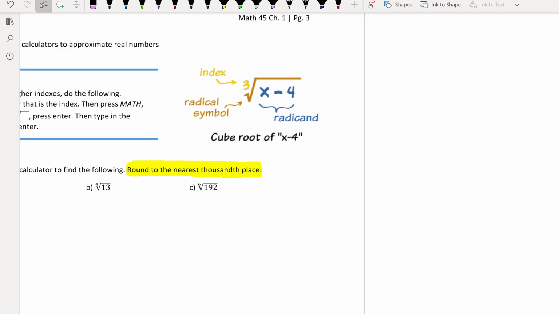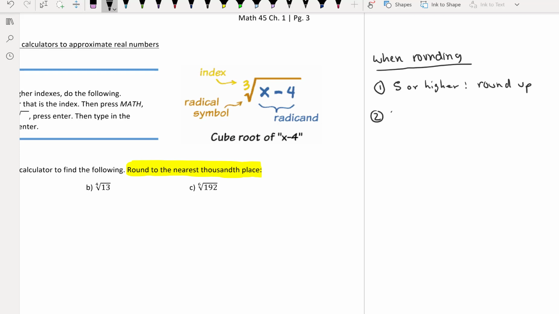So when rounding, there's basically going to be two rules. If you have 5 or above, or let's say higher, you're going to round up.